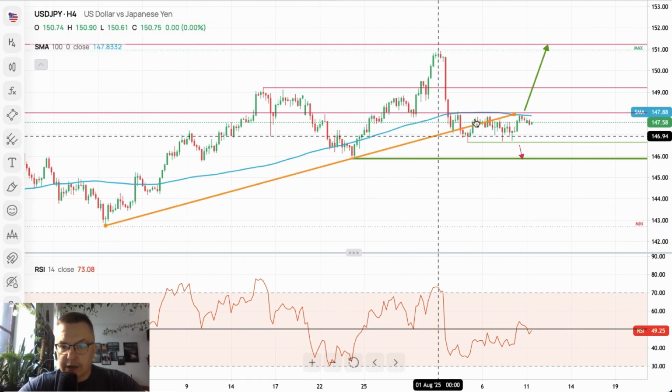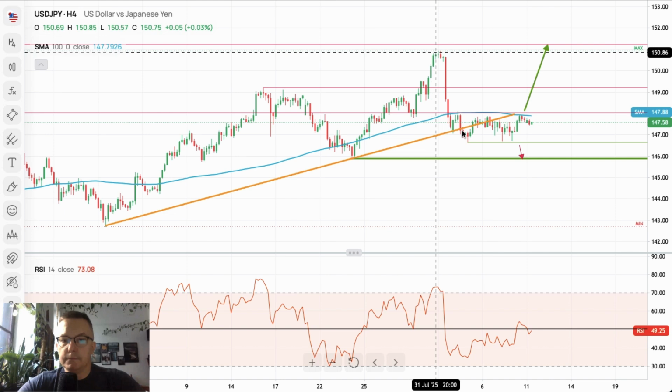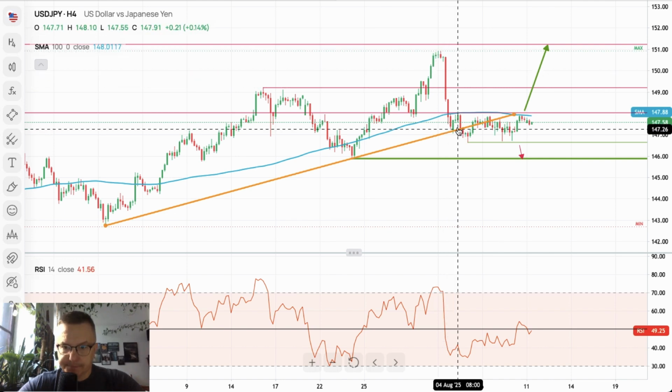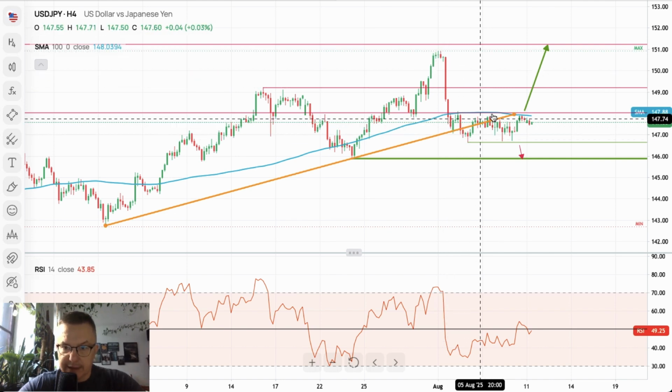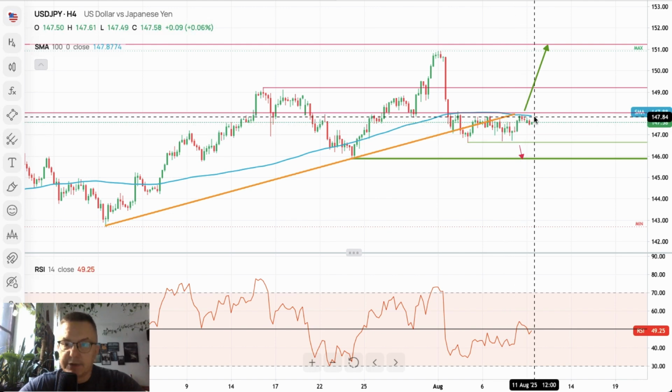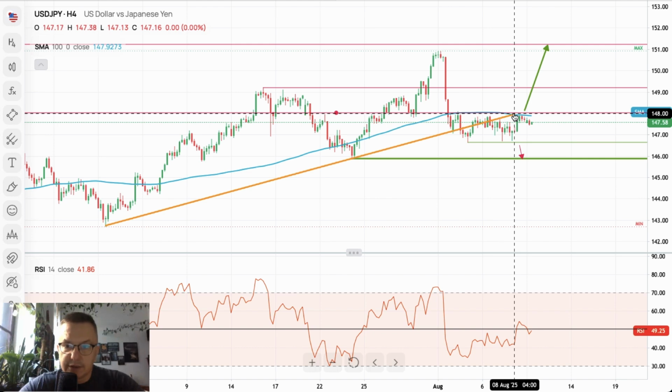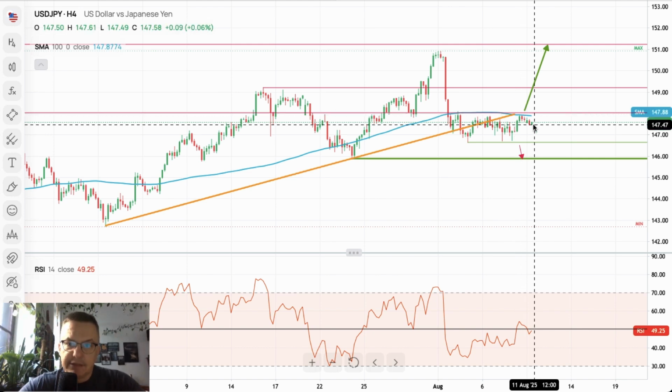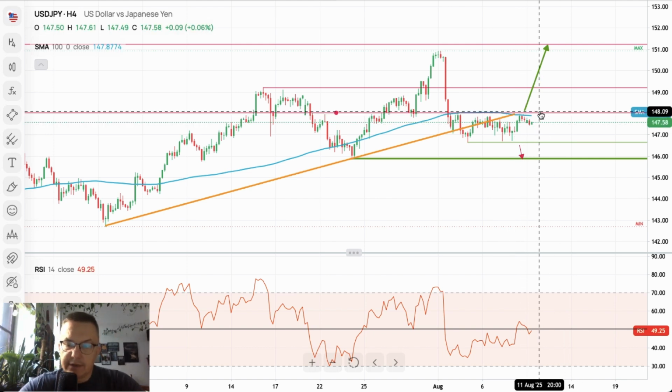We have a trend line that used to be quite nice. For the bulls: breakout, test of the trend line, movement to the downside, dip buying, test of the 100 periods moving average, which is very close to the trend line again, downside movement. So this is the key level here, 148.05 or something like this. This is the key technical resistance.